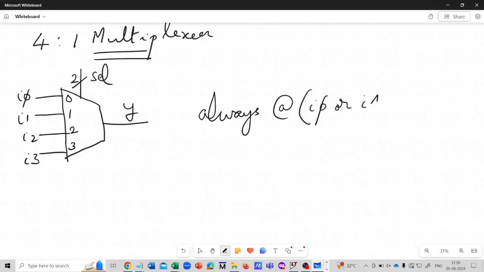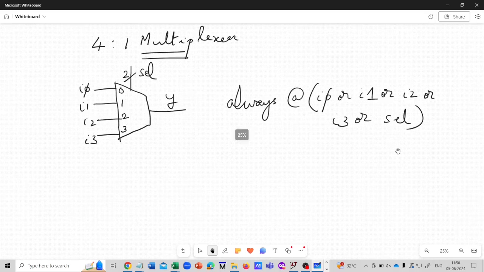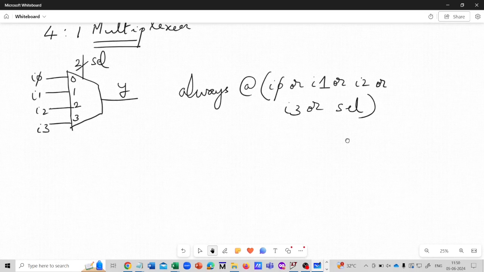This is a good coding practice, as I mentioned. Always at I0 or I1 or I2 or I3 or select. So here we have considered the input lines as I0, I1, I2, I3. Alternately, you can declare the input I as a 4-bit vector.